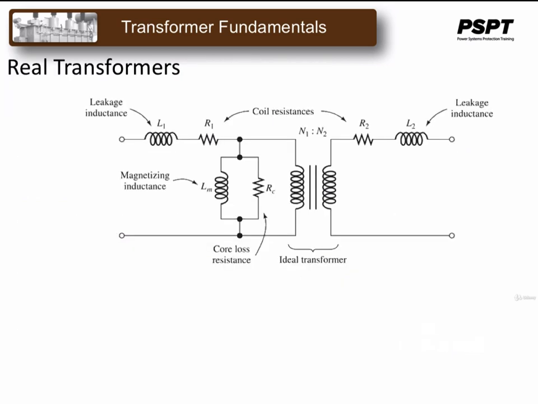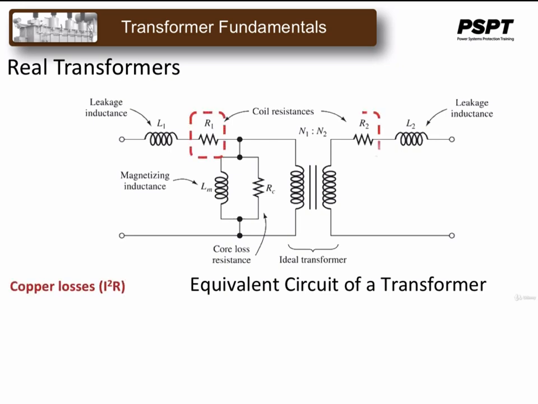In order to make the calculations required of a real transformer, we simply use an ideal transformer with add-ons that, when added to the circuit, produce the equivalent results. This is known as the equivalent circuit of a transformer. The copper losses or resistive losses in the primary and secondary windings of the core are represented in the equivalent circuit by R1 and R2.